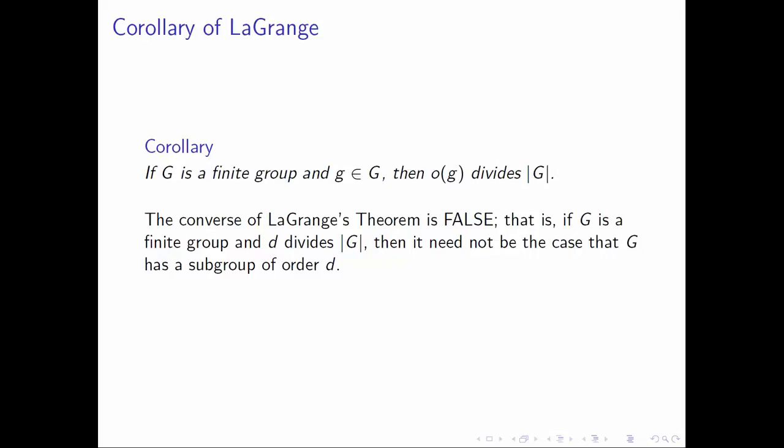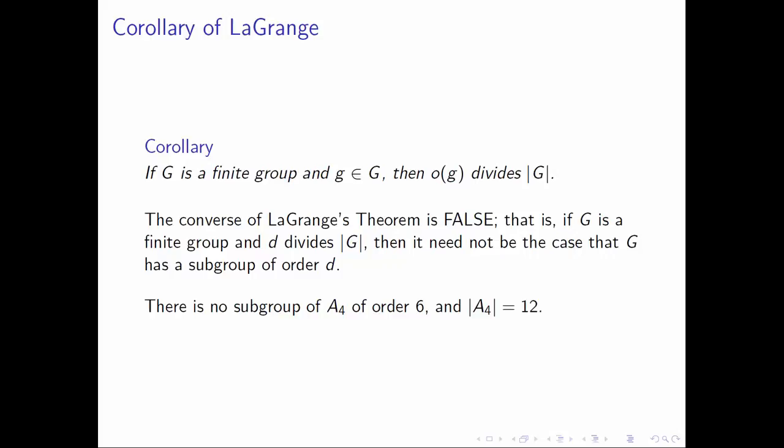So what we have is that if you have a subgroup, then its order divides the order of the group. But just because you have a divisor of the order of a group, it does not need to be true that that group has a subgroup of order D, for D that divisor. There's an important example of this, an easy example that we're going to go over, and the smallest example happens with the group A4.